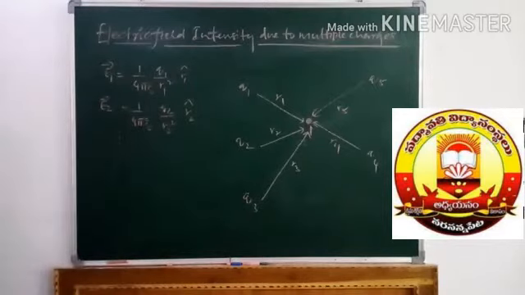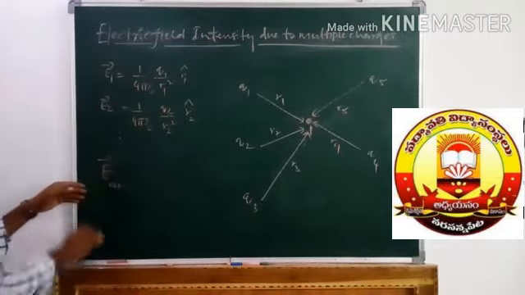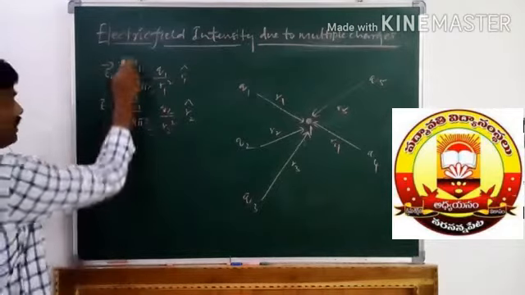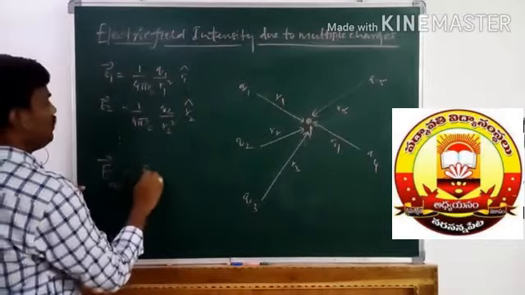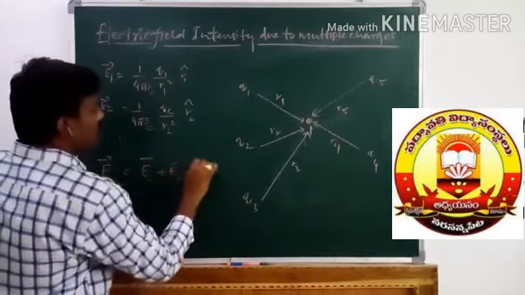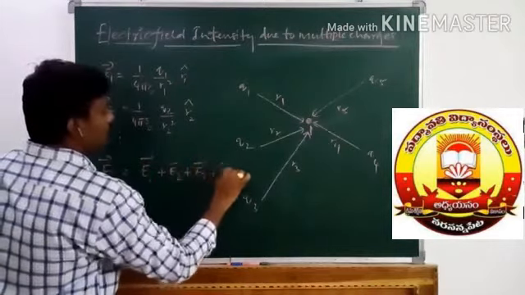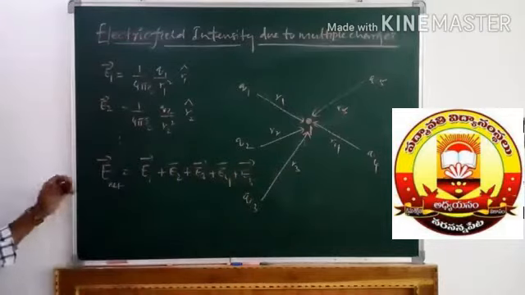Now, if you want to find the net electric field, E net bar will be equal to the vector sum of all the individual intensities. So this will be E1 bar plus E2 bar plus E3 bar plus E4 bar plus E5 bar. This is according to the superposition theorem.